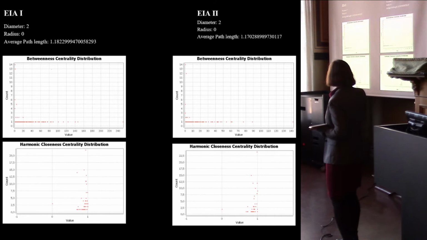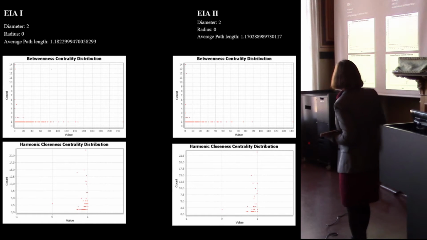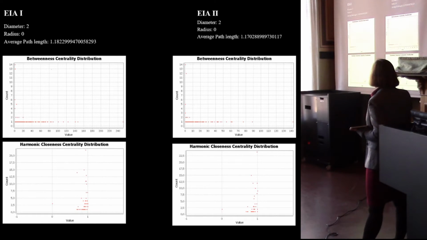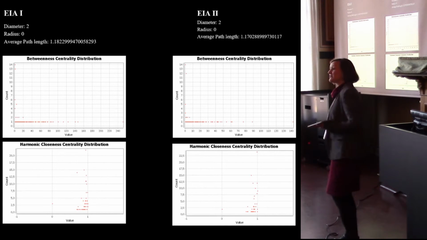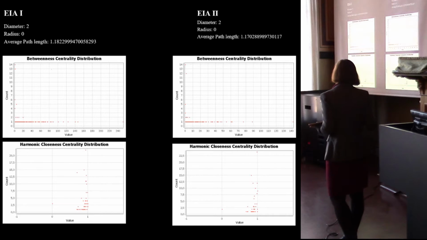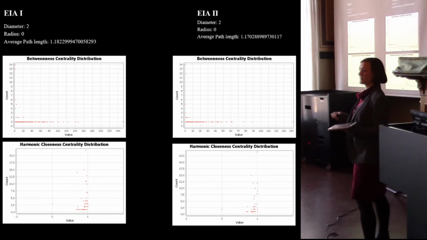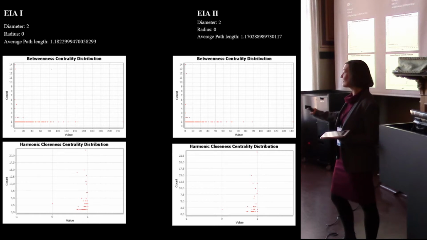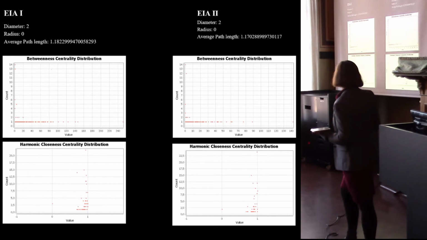So what you can see here: diameter stays the same. Average path length actually becomes smaller, which is very interesting, because this looks like the reverse of the process that archaeologists always believe is going on. Instead of a linear evolution, it's actually some sort of contraction.